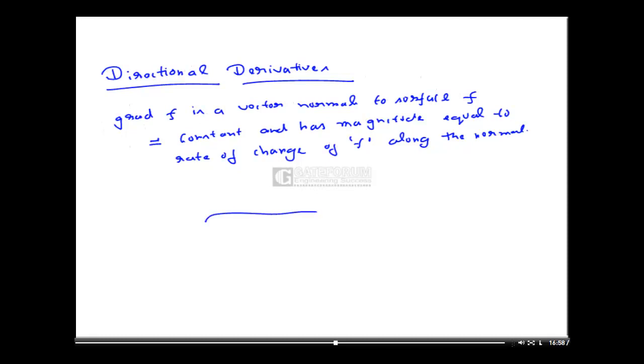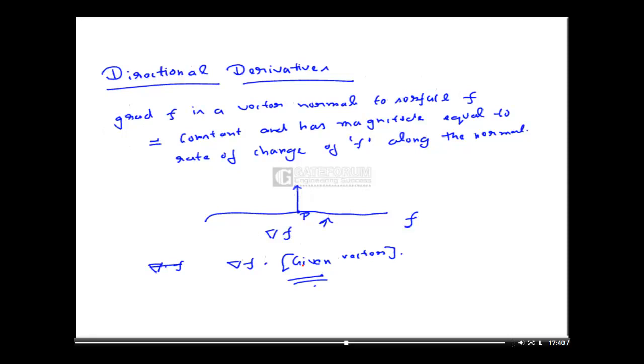That means if any surface is there by f, and if I find delta f for this surface, then delta f will be normal to that surface at that particular point P. Okay, so it will always be a normal to that. Now directional derivative is finding the dot product of this gradient f with the given vector, which will give me the directional derivative.